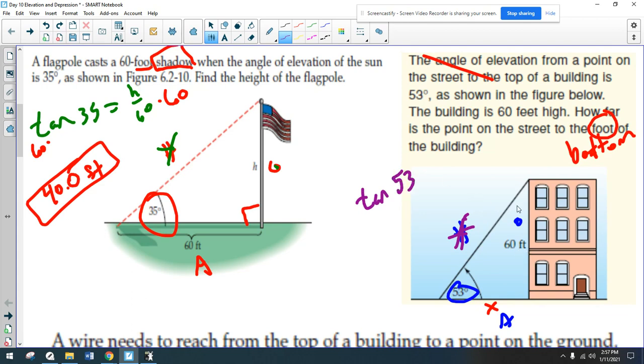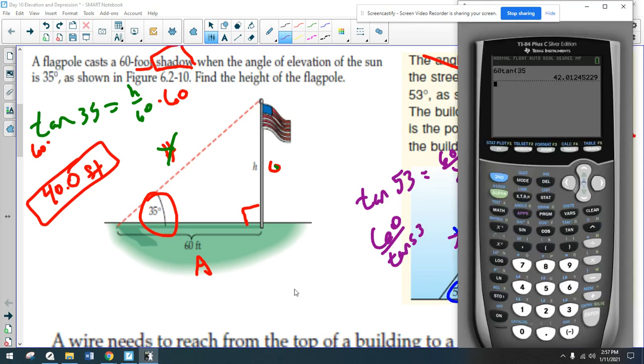I know that you can find the other angles, but I'm just going to use this one. So this is opposite over the adjacent. Swap these and then plug that in your calculator. So 60 divided by the tangent of 53. And that's going to give you about 45.2.